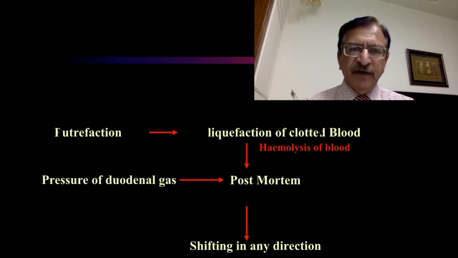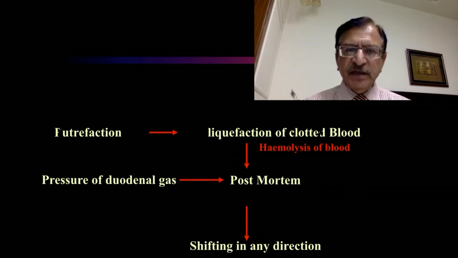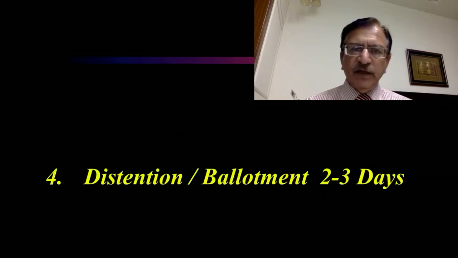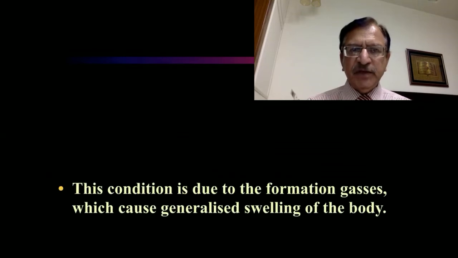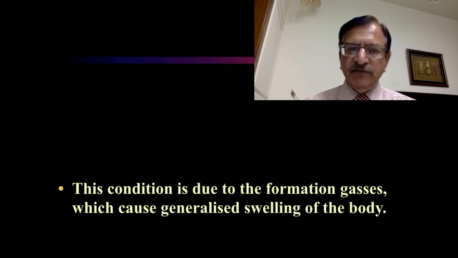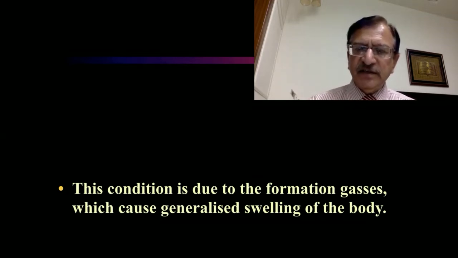And the pressure effect of these gases on this hemolyzed blood will cause shifting of the postmortem staining in any direction. Then the distension or ballotment of the whole body occurs in 2 to 3 days. And this condition is due to formation of gases which cause generalized swelling of the body.